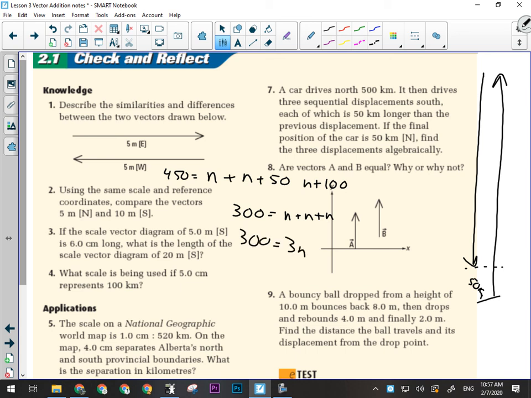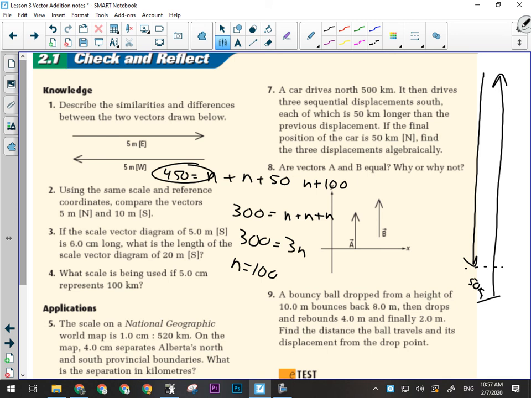How big is n? 100. So now I know that n equals 100. So the first trip was 100 kilometers. The second trip was 150 kilometers. The third trip was? There you go. It's an algebra trick, right? It really wasn't a vector question. Although, drawing the picture at least gets us to that point where we know what they all added up to.